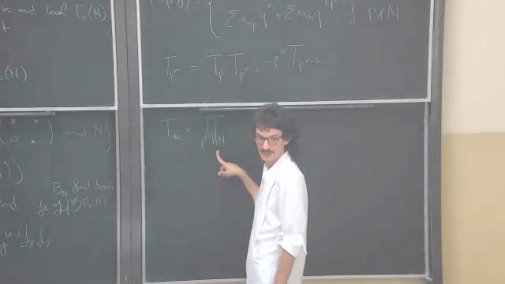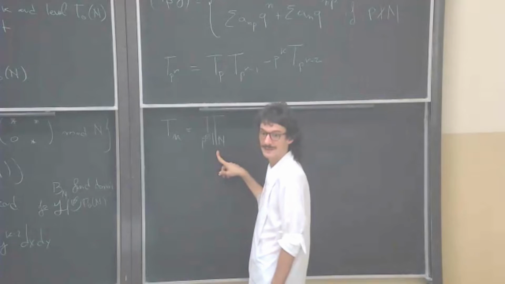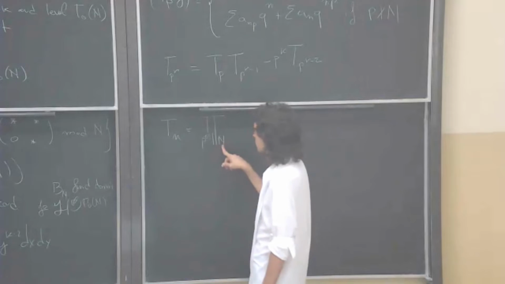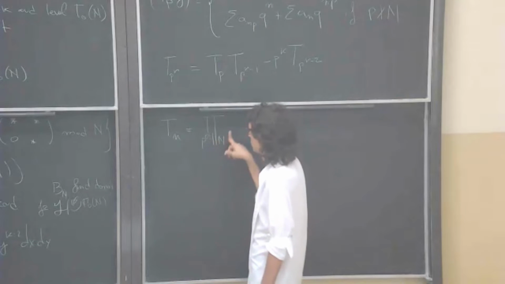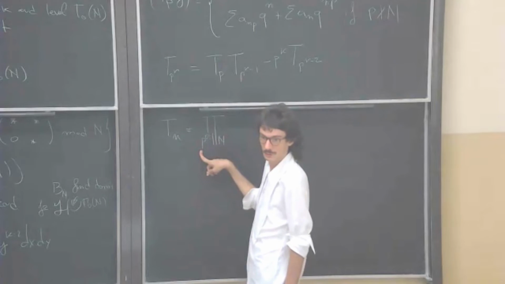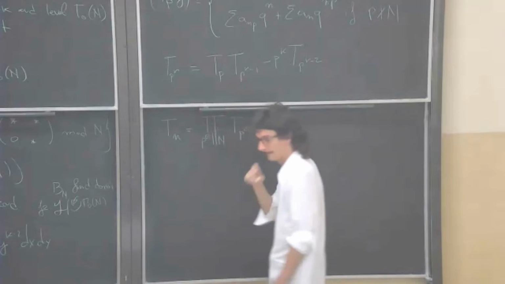Everybody comfortable with dividing exactly as a symbol? Makes sense? Divides exactly, meaning p to the i divides n, and the quotient is not divisible by p, of Tp to the i.